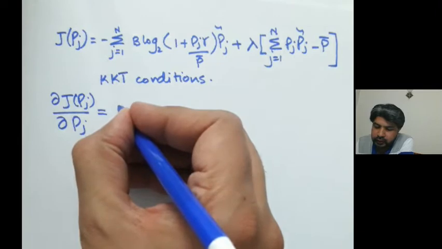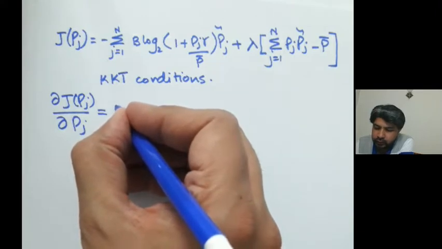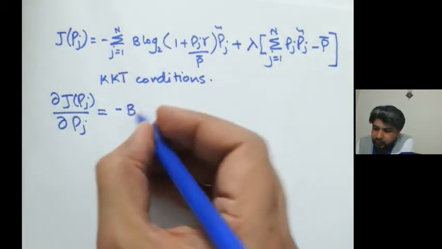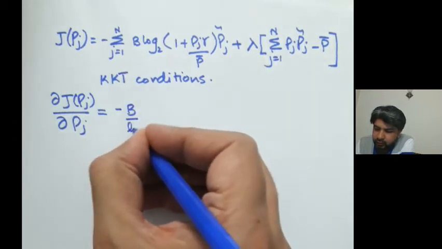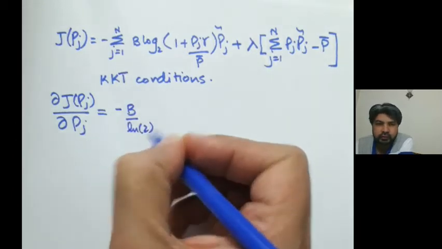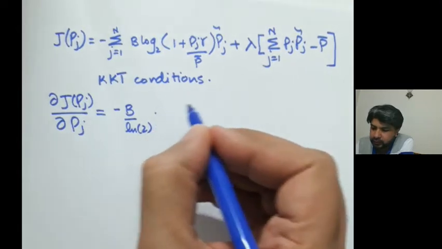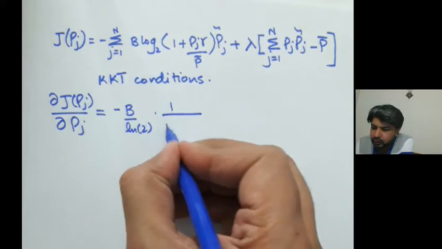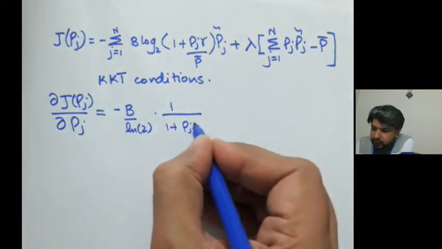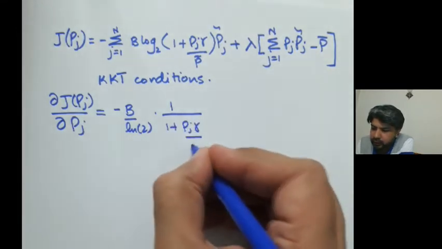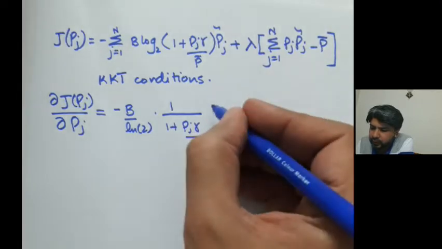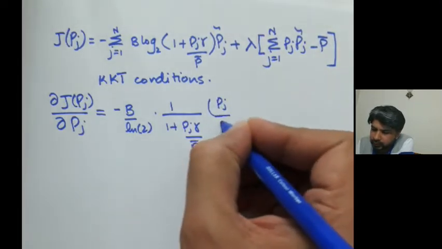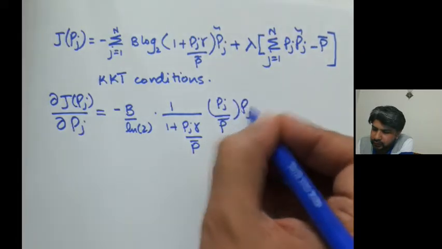So hence your derivative of the function with respect to Pj would be equal to minus B over natural log of 2, that would take care of the change of base because the base is 2, times 1 over 1 plus Pj gamma over P bar times Pj tilde, times Pj over P bar.